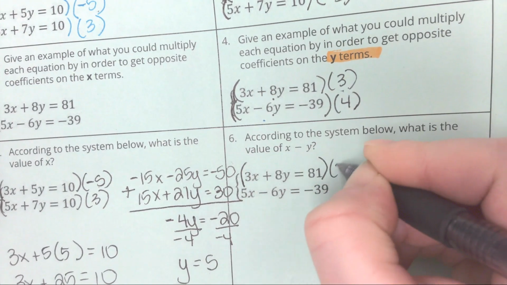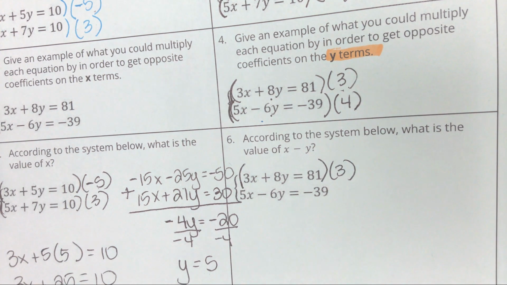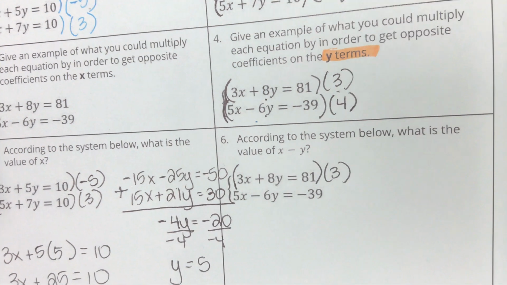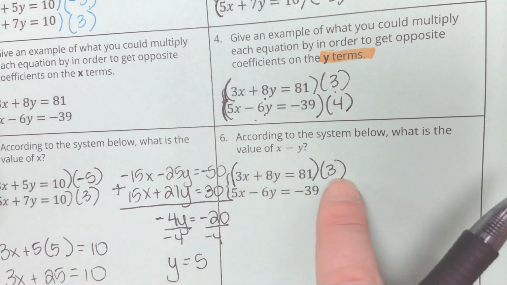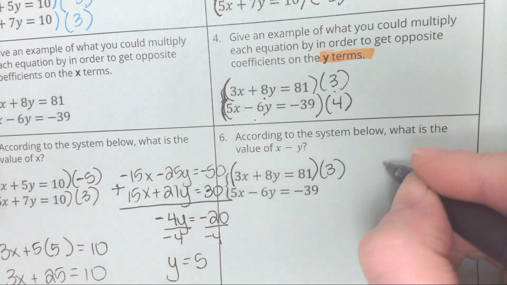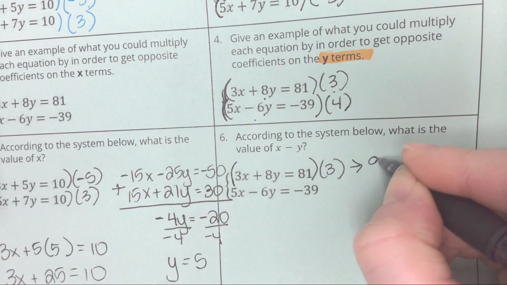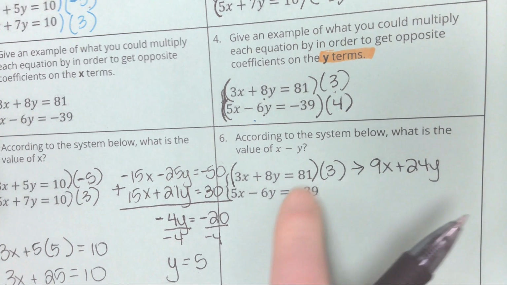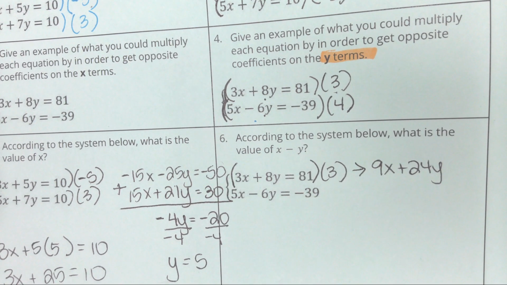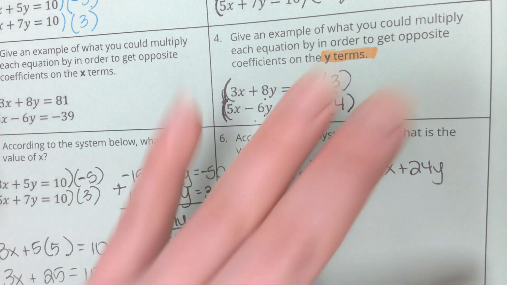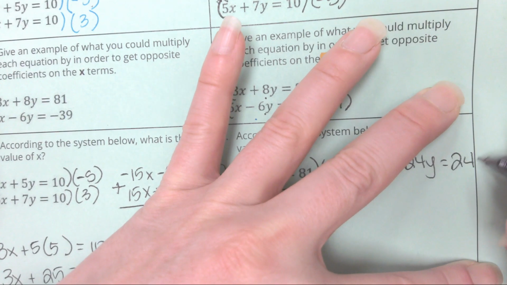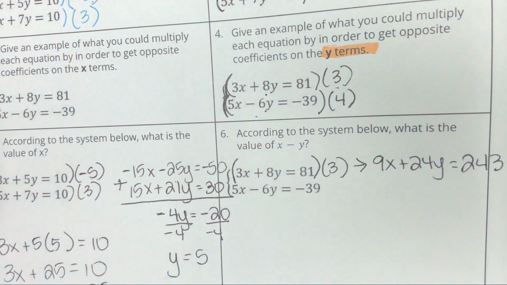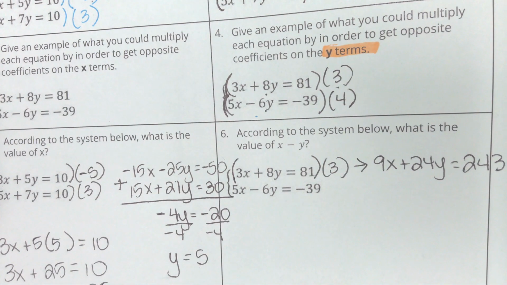I need some helpers with the bigger numbers for calculator. My new equation is 9x plus 24y. Can somebody help me with 3 times 81? 243.